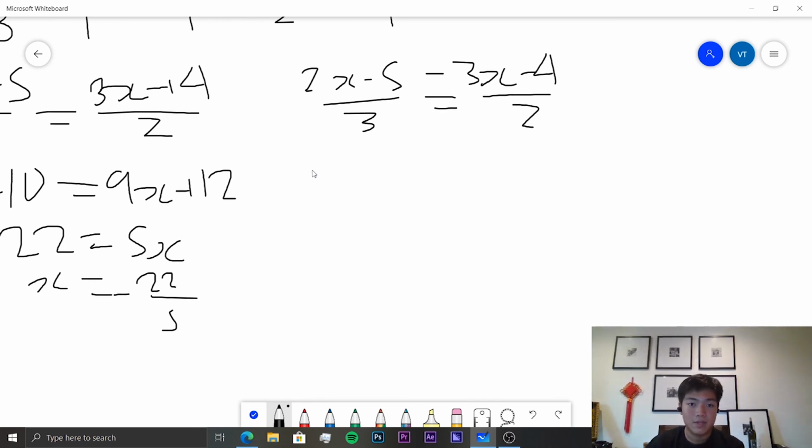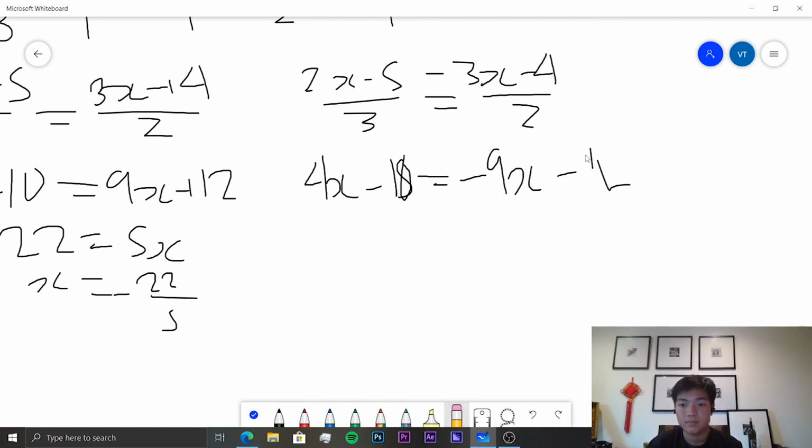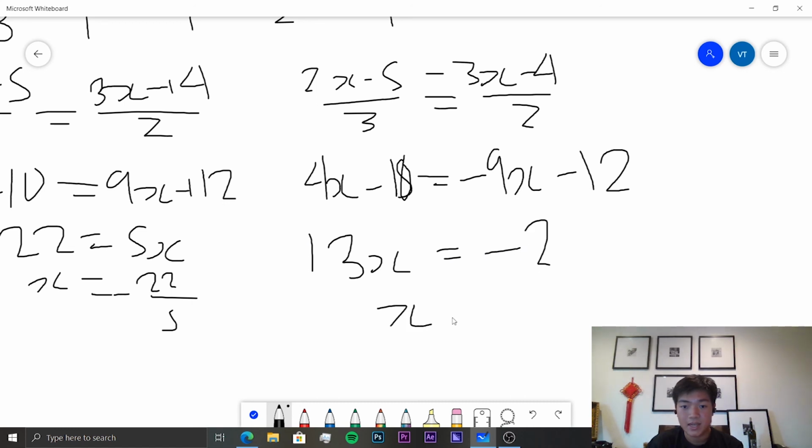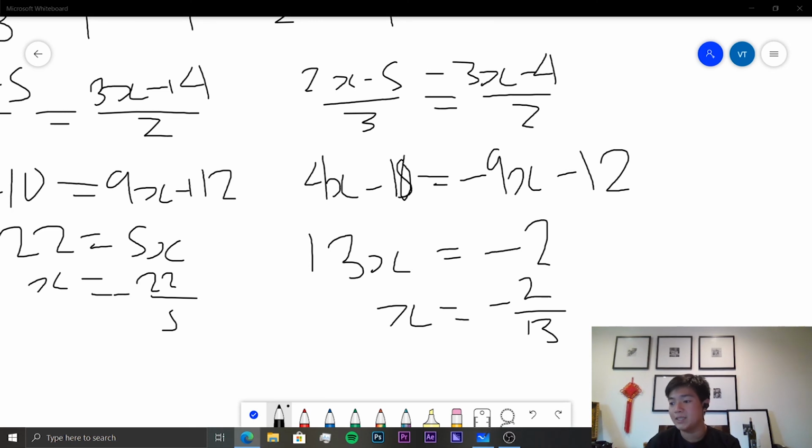For the other case, 4x minus 10 is equal to negative 9x minus 12 this time. Then we would have 13x is equal to negative 2, so x is equal to negative 2 over 13. And I think both of these are also valid solutions.